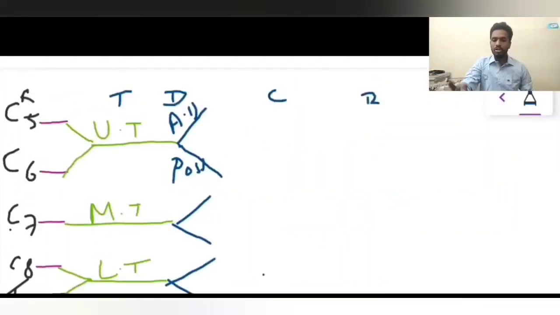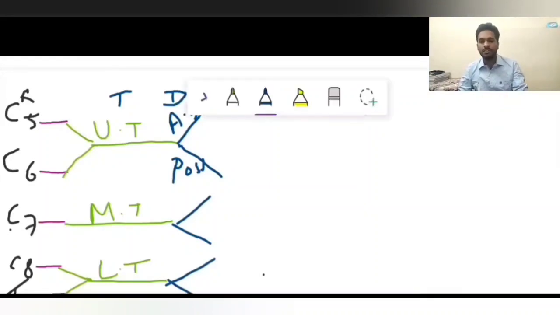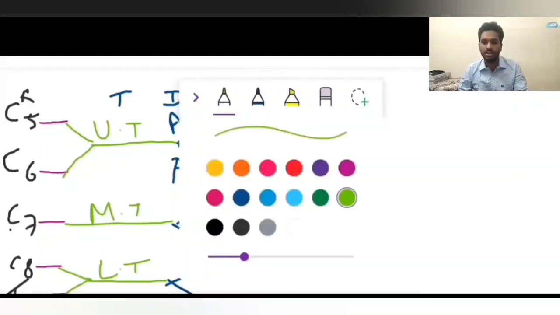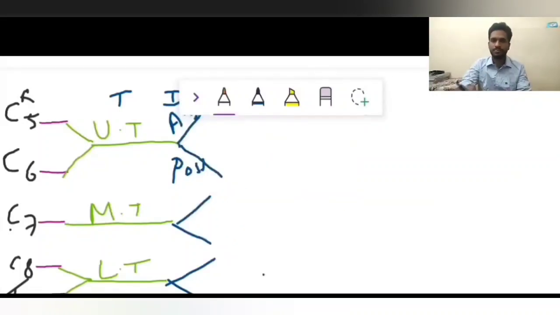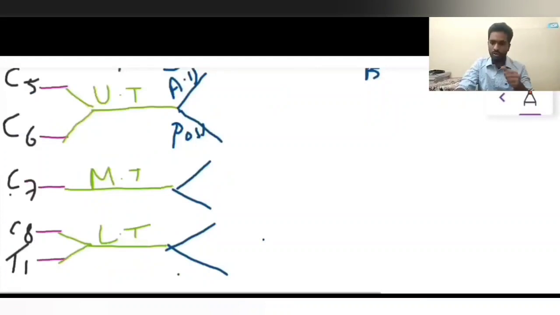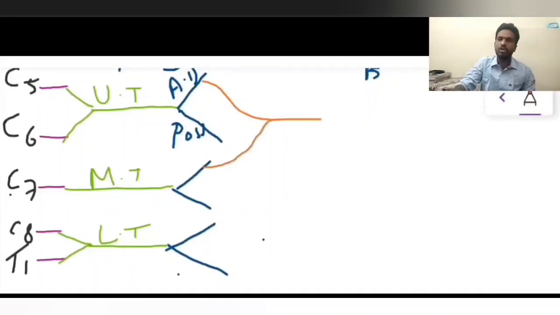Now the anterior divisions of the upper trunk and middle trunk continue to form a cord.